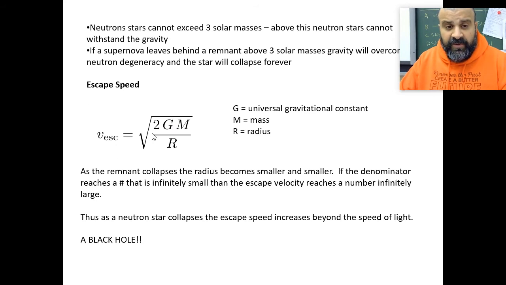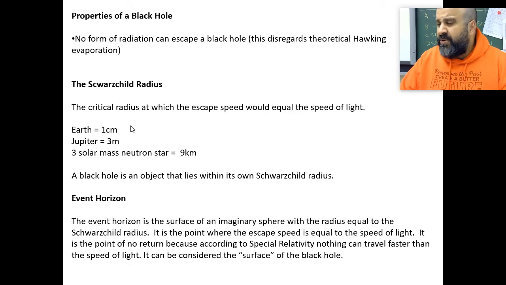So using this formula, the known gravitational constant, the known mass of the object, and the radius, you can calculate it to a point where the escape speed is the speed of light, 3.00 times 10 to the 6 kilometers per second. So the Schwarzschild radius is the point of becoming a black hole.